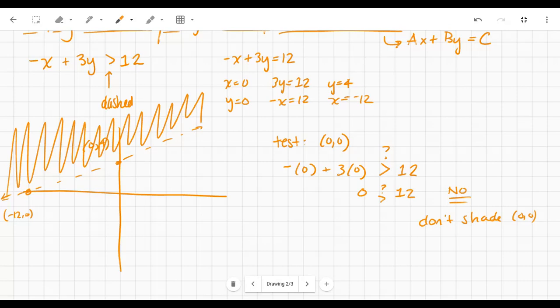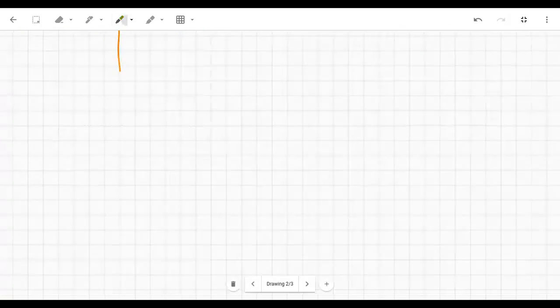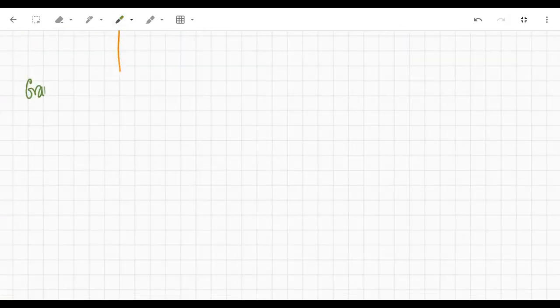All right, our next one is graphing a quadratic inequality, and this is problem type 1.